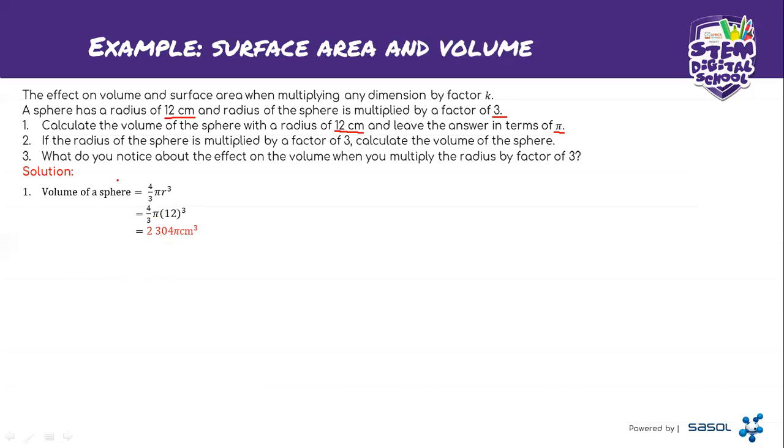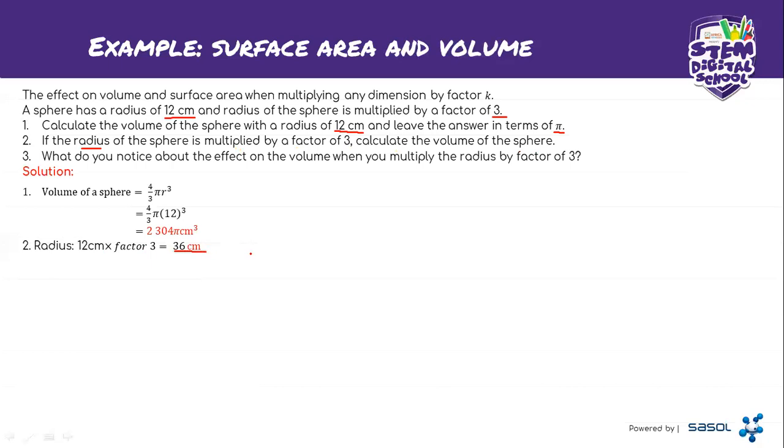The next question says, if the radius of the sphere is multiplied by the factor 3, calculate the volume of the sphere. Now we are going to multiply the original radius of the sphere by 3. You can see that 12 multiplied by the factor 3 gives us 36.